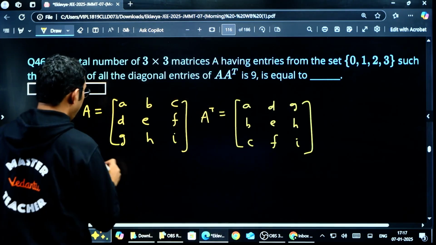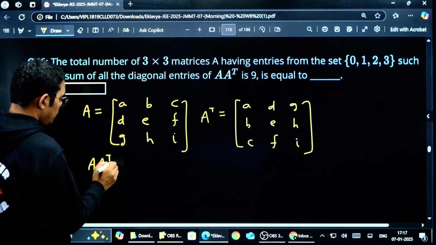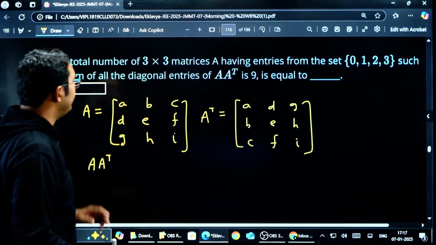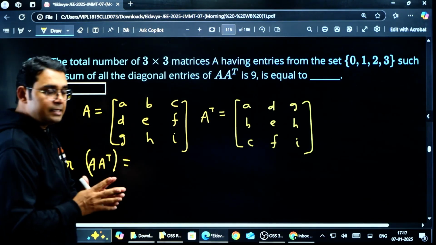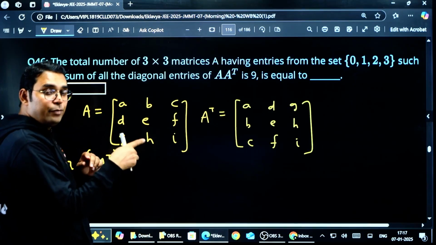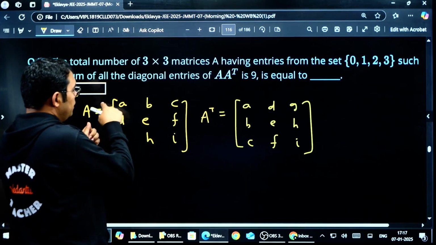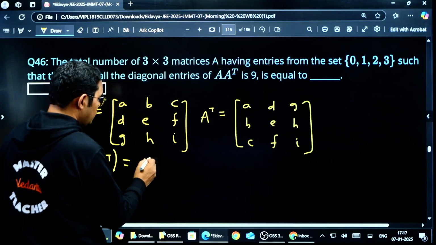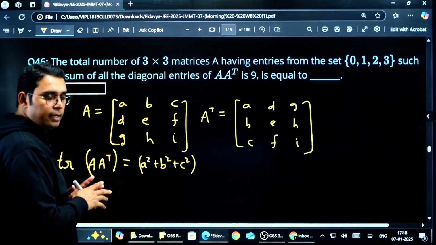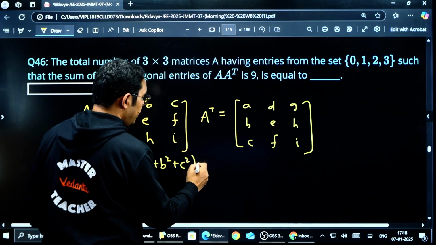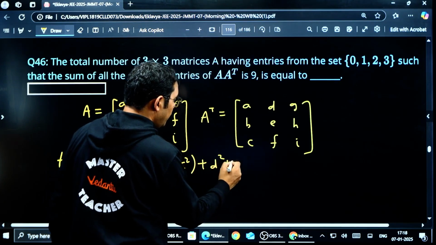Then A into A transpose, if you do, and sum of all the diagonal elements, that is also called as trace, means I need to consider only those terms which are at 1, 1 position, 2, 2 position, 3, 3 position. First row, first column, you can see it is A square plus B square plus C square. Then second row, second column, it is D square plus E square plus F square.